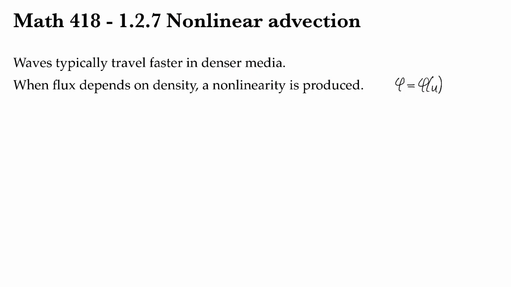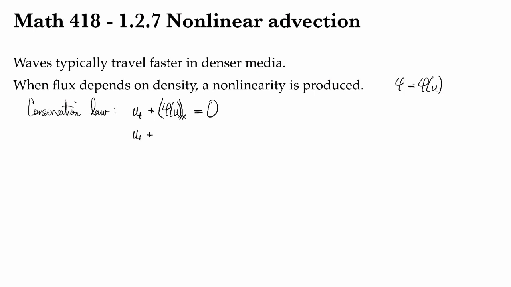And then when we look at the conservation law, we have that the partial of u with respect to t plus the partial of phi of u with respect to x is going to be equal to 0. And so maybe just for emphasis, I'll put some more parentheses on there. So when we do that partial with respect to x, what happens?